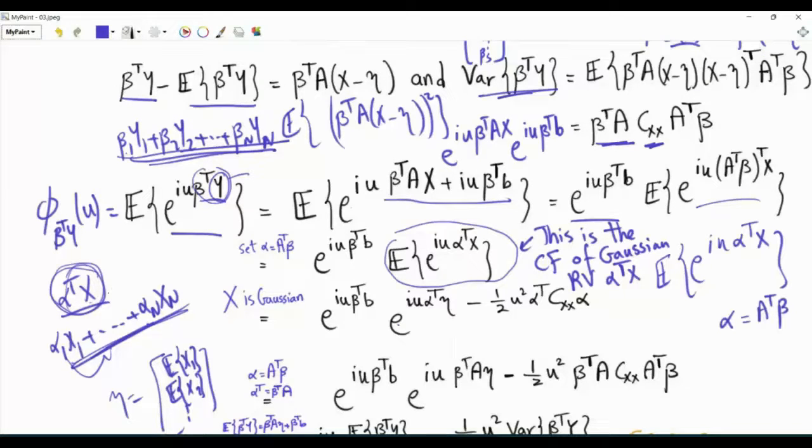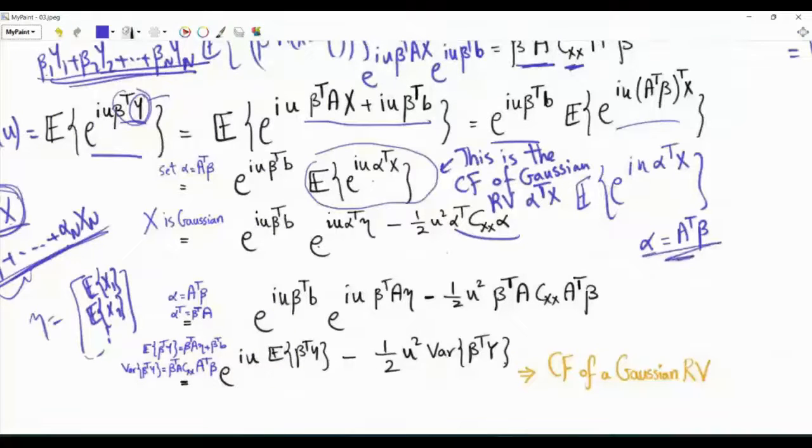Remember, the variance of this quantity is the double sum, which can be written as this quadratic form, alpha transpose Cxx alpha. So moving from here to there, we are basically exploiting the fact that x is a given Gaussian vector.